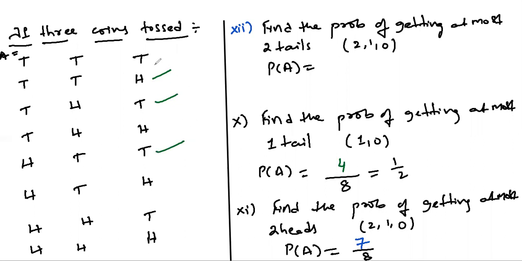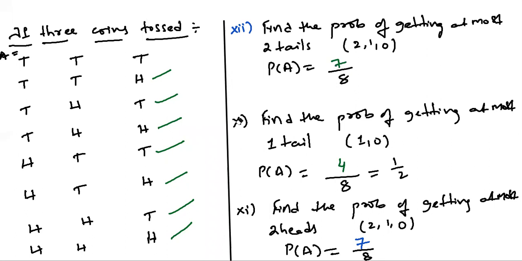And next 1 tail: 1, 2, 3, and next no tail is 0. So divided by 8, this will be 7 out of 8.